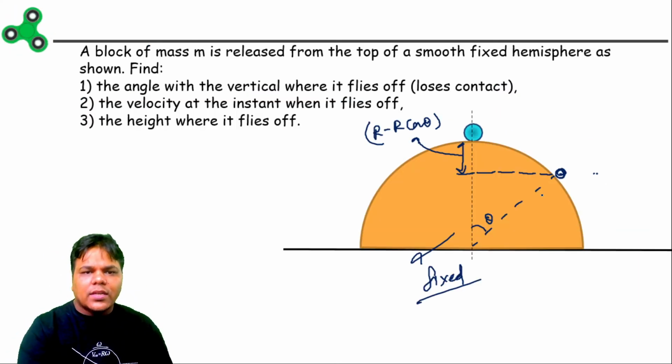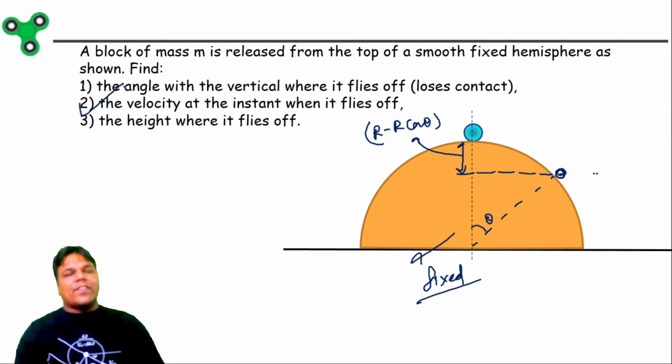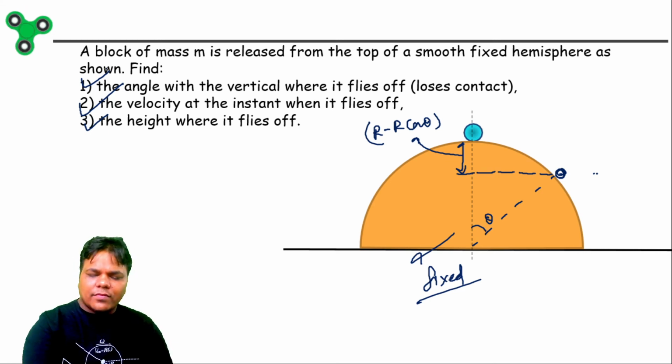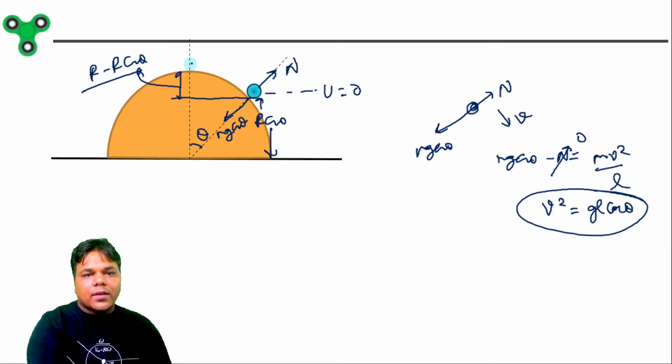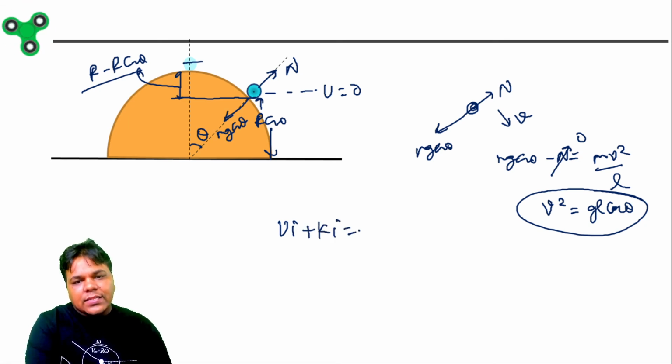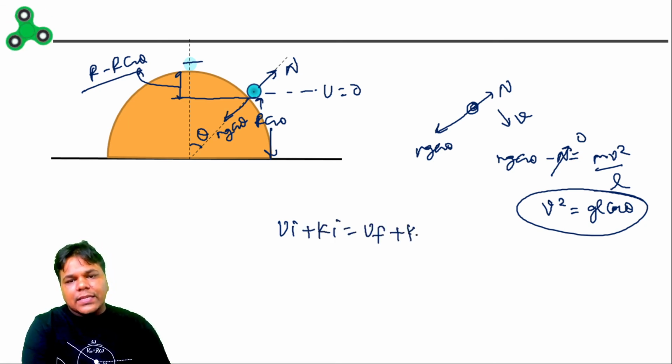What was the first question? Yeah, velocity at the instant when it flies off. Now all we need to do is find the height and the angle. We can also calculate that. How? Let's say this is the reference point. U initial plus K initial is equal to U final plus K final.